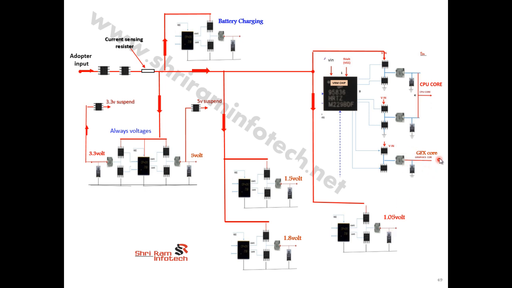This is for the graphics chip, the graphics core volt, and this one is called the CPU core. The CPU core requires a higher current, more than 20 ampere, so here are 2 pulse width modulators provided to the CPU. The next one is for battery charging. You can see there are different pulse width modulators for the different sections on the motherboard.